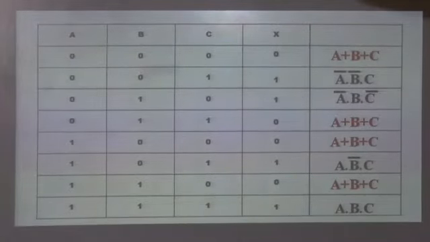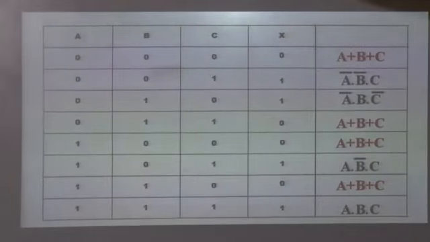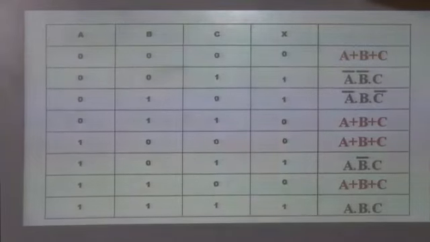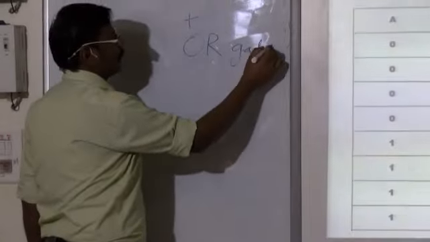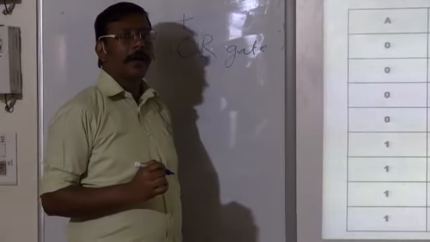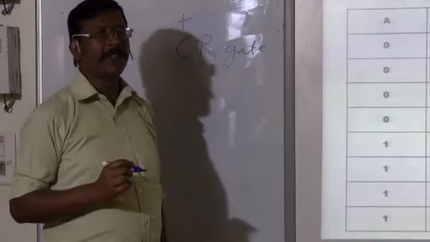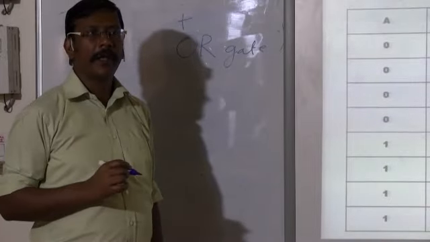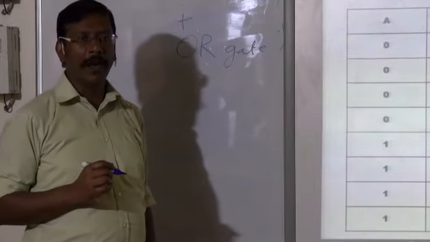Sum means the plus sign. In Boolean algebra, the plus sign is equivalent to the OR gate. In case of an OR gate, remember, only when all the inputs are 0, then it is taken as 0. Any other combination, it will become 1.